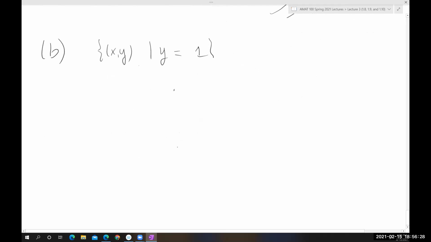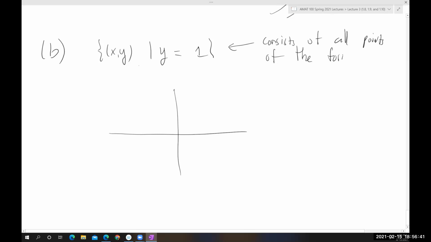So what this set consists of is all points of the form x comma 1, right? X can be any number, but y has to be 1. So we have to look at where y is 1. So this is the y-axis, this is the x-axis, and say maybe 1 is here.